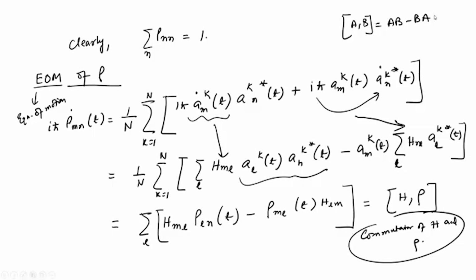And this is reminiscent of nothing but Liouville's theorem in classical statistical mechanics, which we derived earlier, which is del rho del t plus the bracket of h and rho. This is nothing but the Poisson bracket.